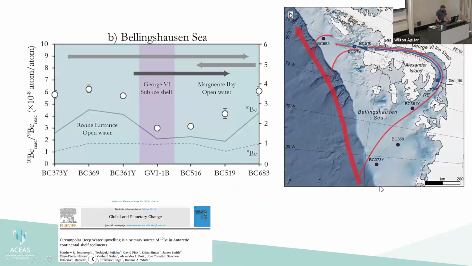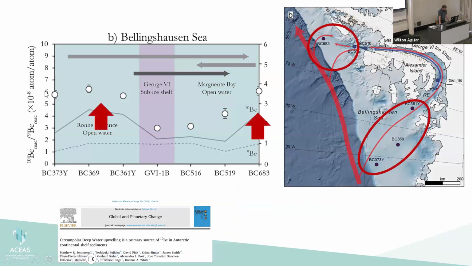And so if we look at the Bellingshausen Sea again, what we see is in areas where you have inflow of these upwelling processes, those ratios are relatively high in comparison to what is beneath the ice shelf and where you'd expect melt to be highest.